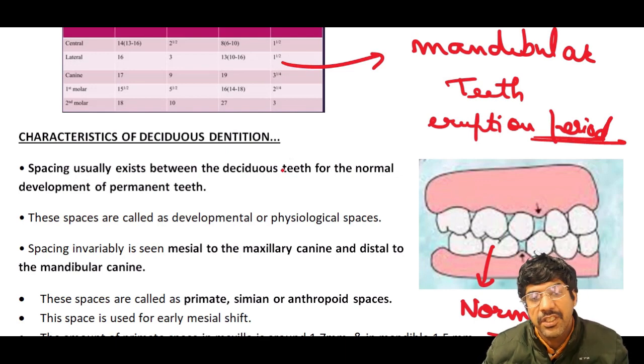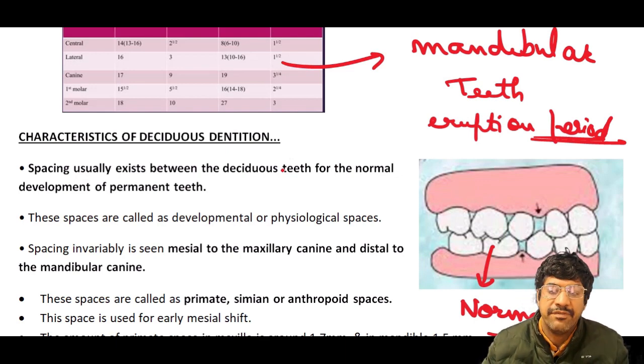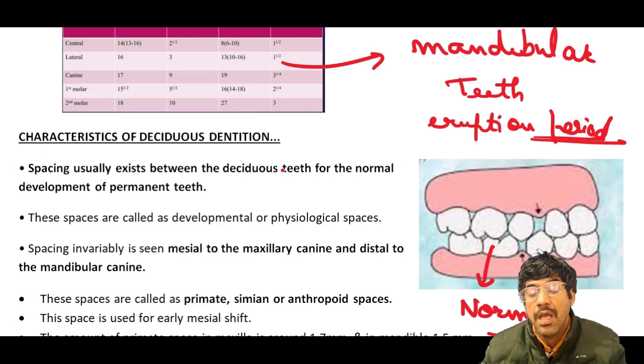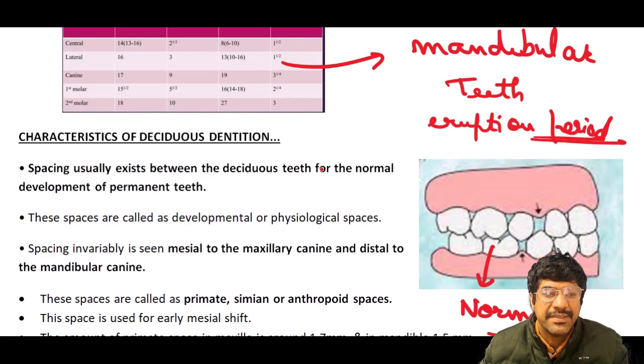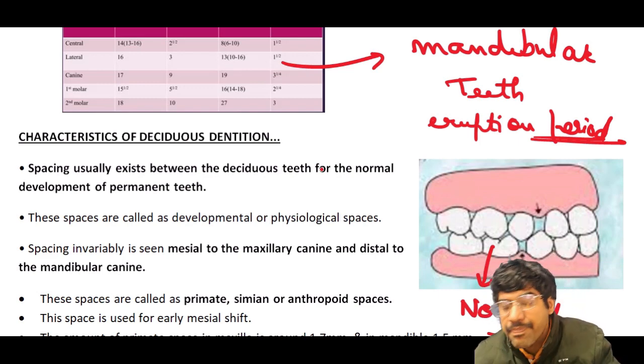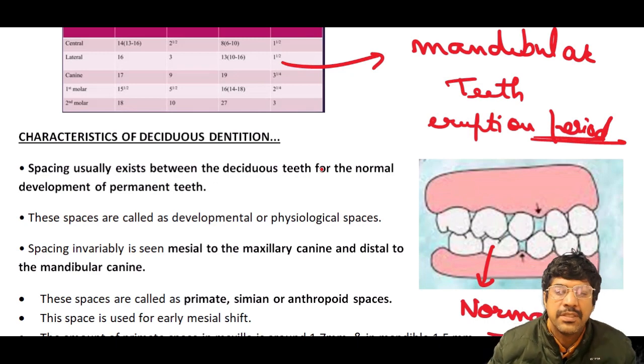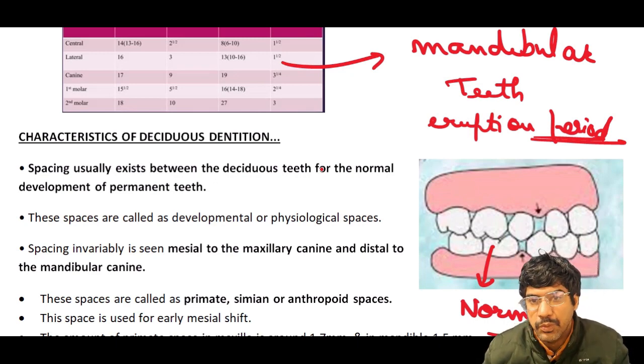What is the function of these spaces? The physiological spaces between the primary teeth help in the proper alignment and position of the larger permanent teeth that will eventually replace them. These spaces provide room for incoming permanent teeth to emerge without crowding.